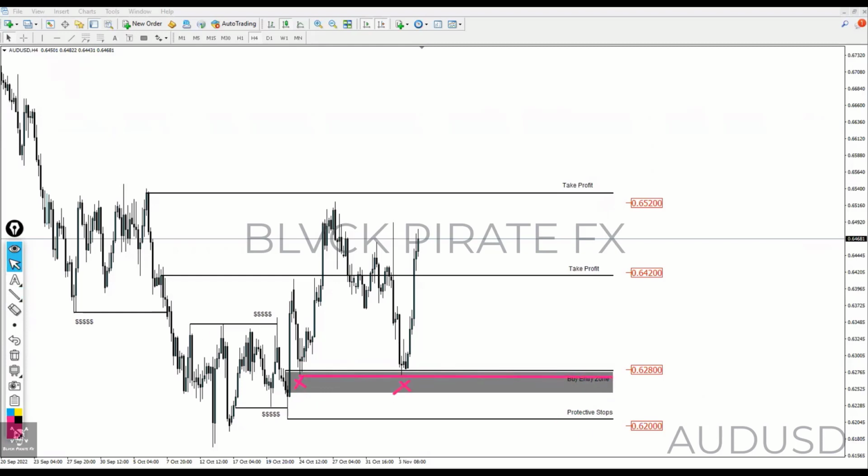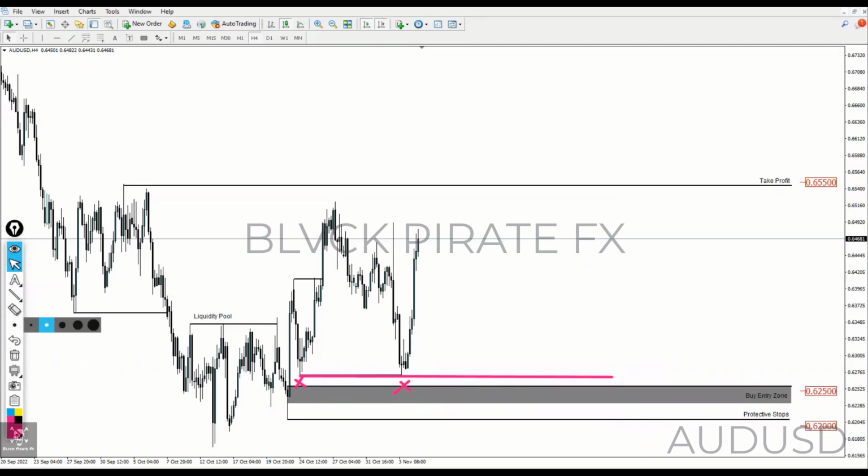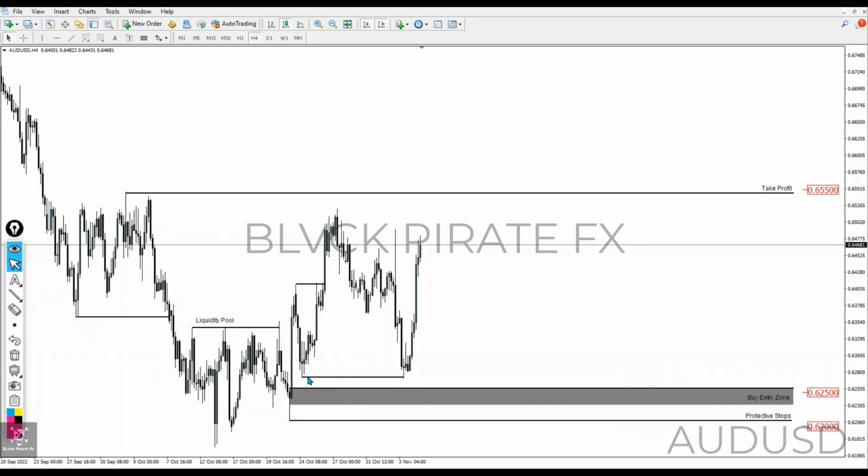A quick look into how we have price mapped up for this week. As you can see, I have already indicated with a line here, a trend line. This is too clean for me, so I am going to be watching how price behaves.